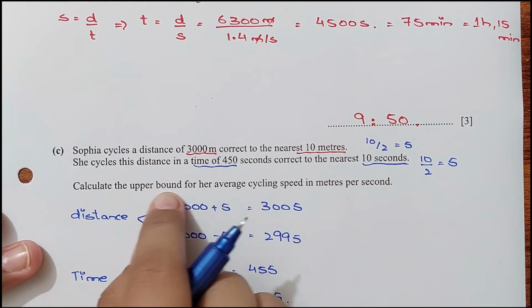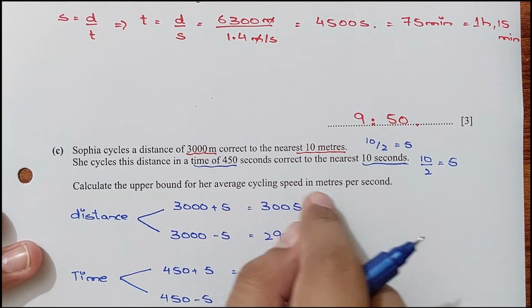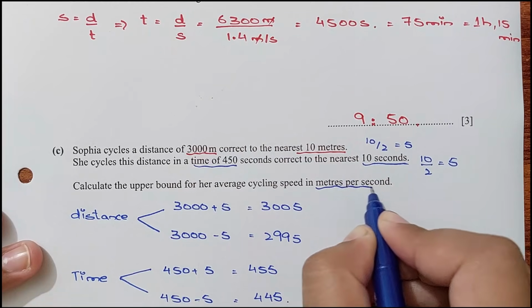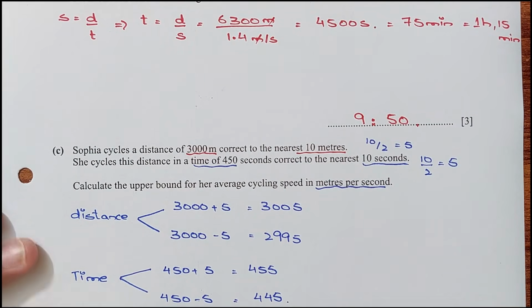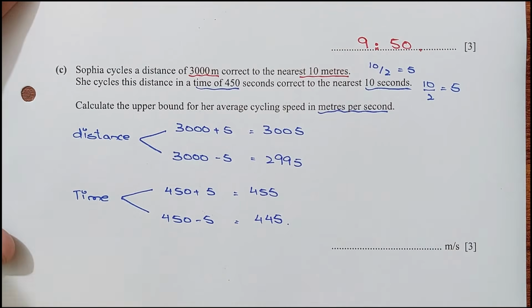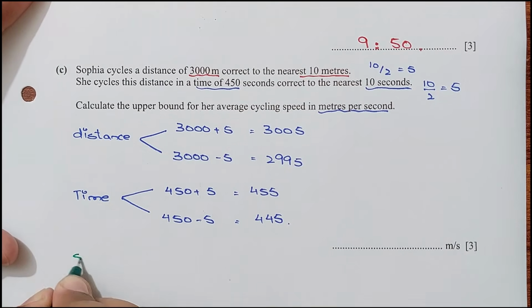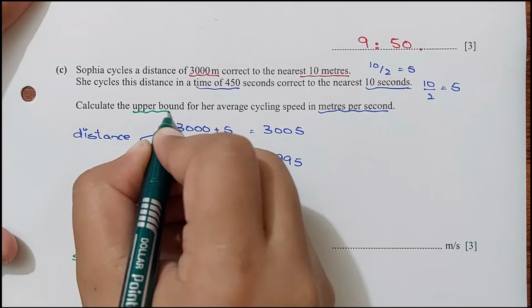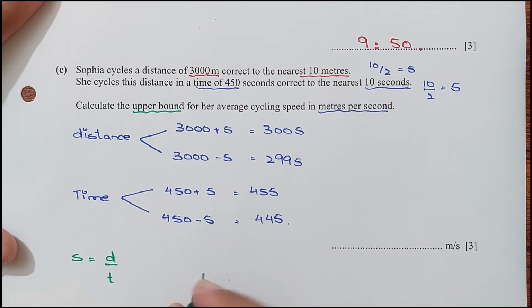Right. Calculate the upper bound for her average cycling speed in meter per seconds. This distance is in meter and time is in seconds. So average speed, we know that speed is distance over time, but we have to work on the upper bound, right? So the upper bound in quotient, in division, we have to find the upper bound of numerator and lower bound of denominator, right?